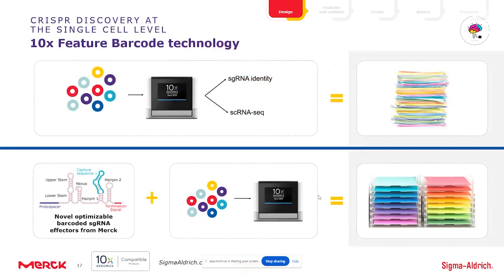So yeah, if you remember 2 slides ago, we said that you can start from the whole genome down to one single cell. And here, if we are talking about the single cell level, we are happy to introduce the novel optimizable barcoded sgRNA effectors that we have developed in partnership with 10x Genomics, so that will actually allow you to get into the single cell level analysis.